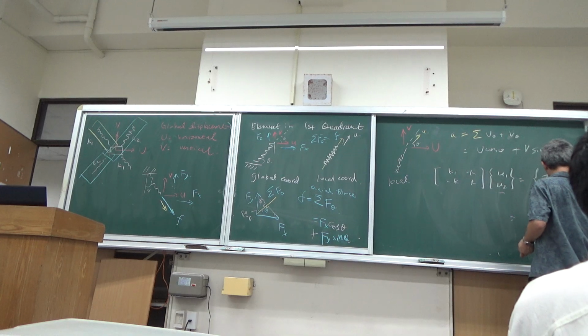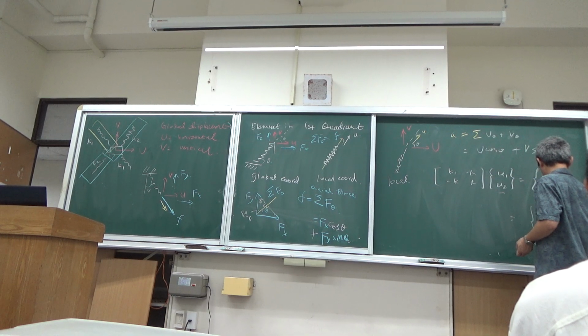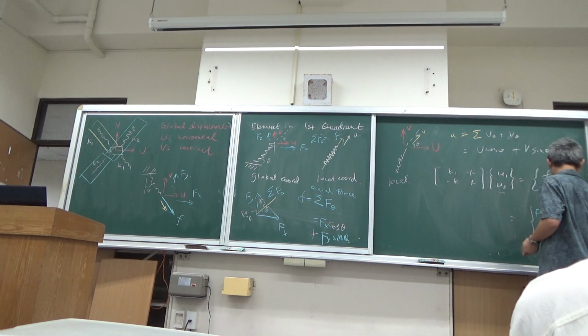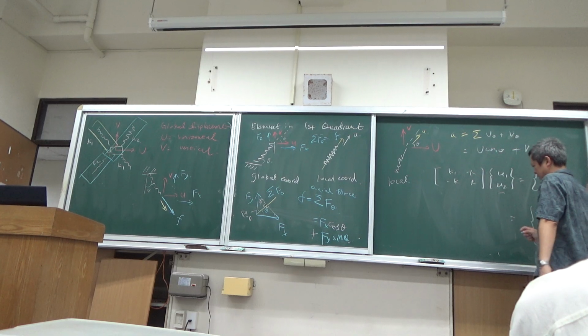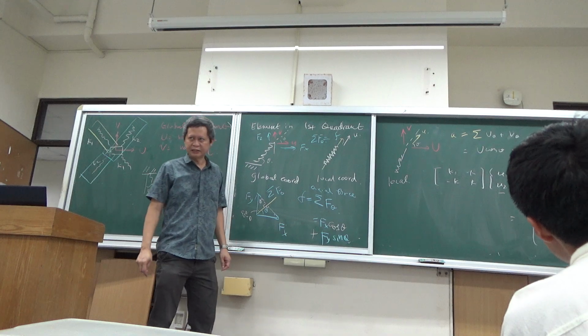Likewise, for the second equation, you have F2x cosine theta plus F2y sine theta. From the force side, you can write them like this.